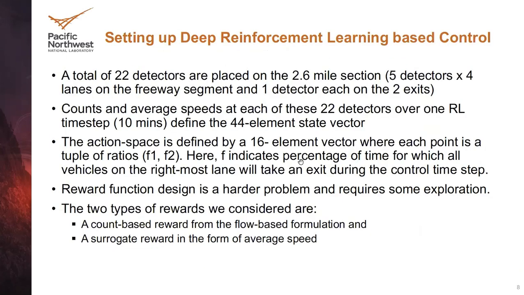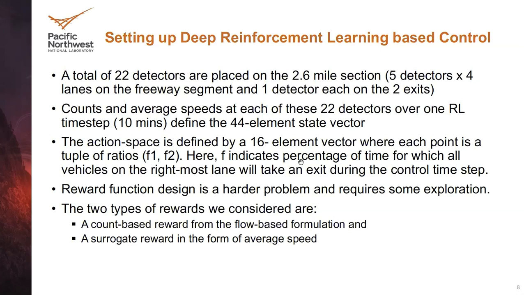So how we set up the deep reinforcement learning based controller: we have a total of 22 detectors. There are 5 that I showed you, and there's 1 per lane, so there is a total of 20 there, and also 1 detector on each of the 2 exits, giving us 22 detectors. And then we look at counts and average speeds at each of these 22 detectors over 1 single RL time step, which is about 10 minutes.